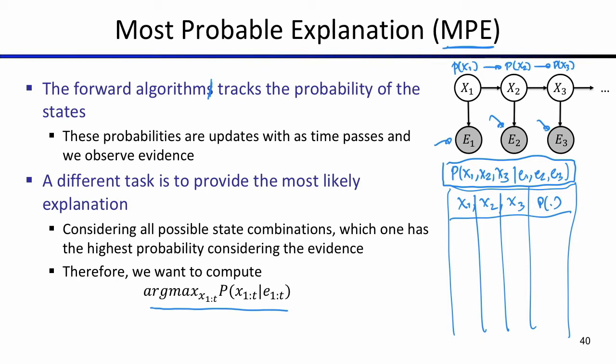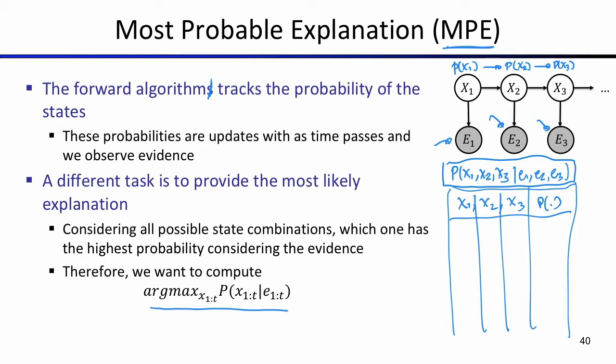It's only interesting to have in the table the variables that can assume different values, but the variables that have already been observed have a fixed one, so they are not very interesting. So we're going to track the values of x1, x2, x3, and the probabilities.